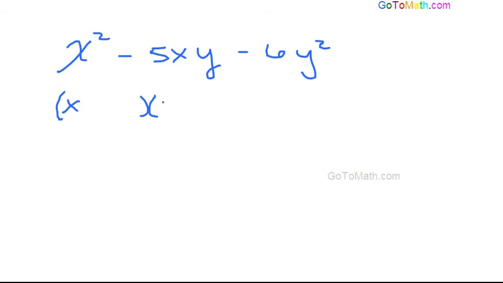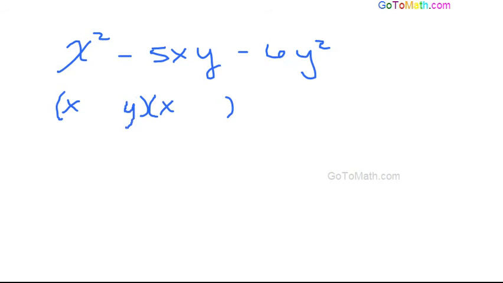So we know that both these terms are going to start with an x, because x times x is x squared. But now we have this negative 6 and this negative 5, right? But this last term here is a y squared.